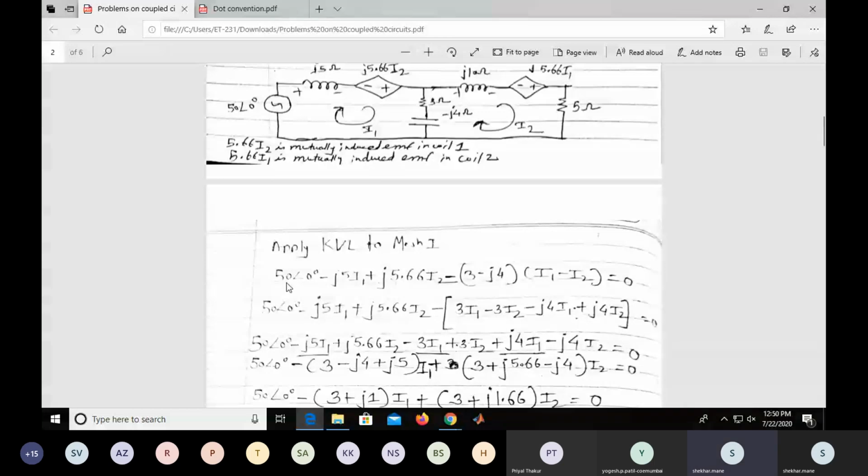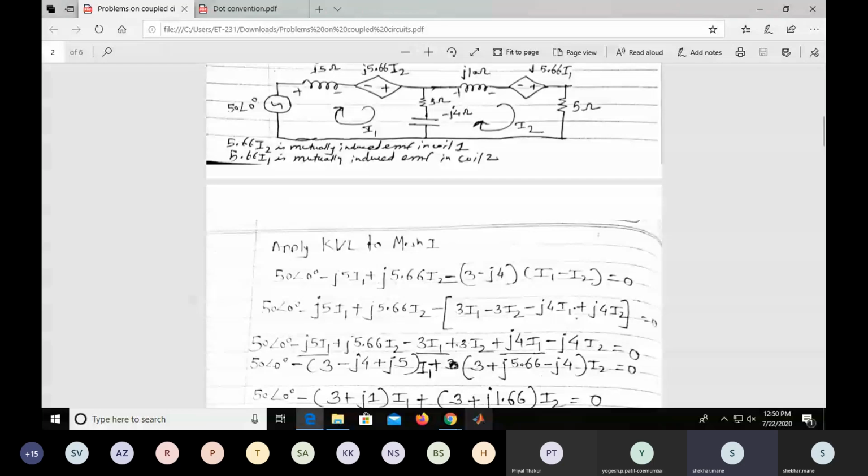50 angle 0 minus J5 I1, then negative to positive plus J 5.66 I2, and I have directly written here 3 minus J4, and the current flowing through that 3 minus J4 is the difference of I1 and I2.